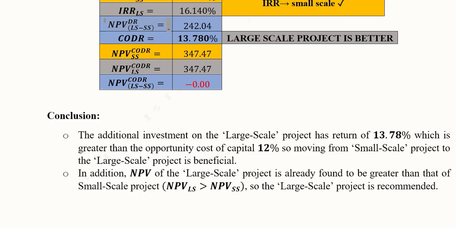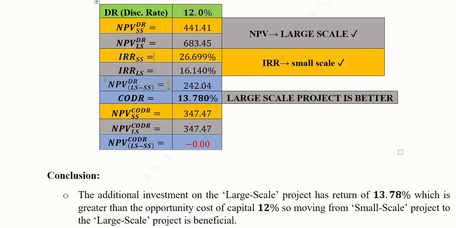Here we can also see the superiority of NPV over other measures of discounted version, because we remember that NPV was greater for the large scale and it was smaller for the small scale project. And here this crossover discount rate is also identifying that the large scale project is desirable, and we remember that IRR was not giving us the same recommendation.